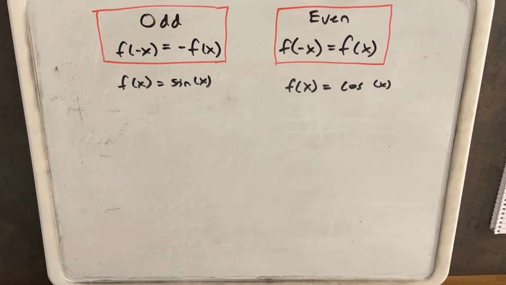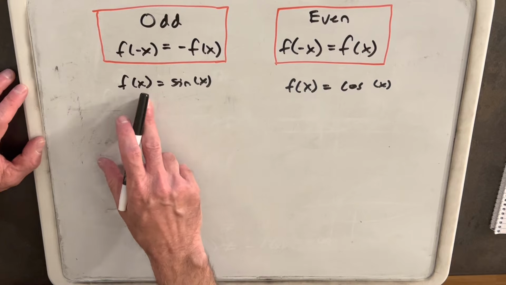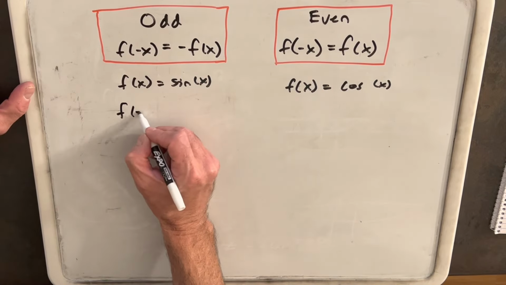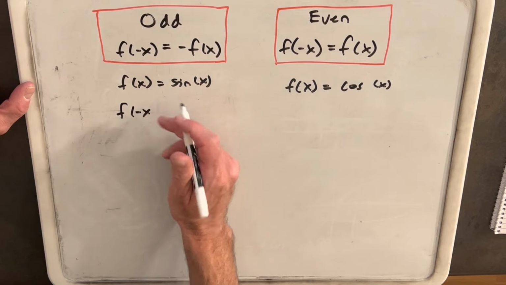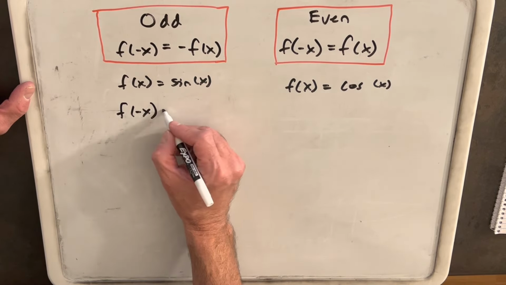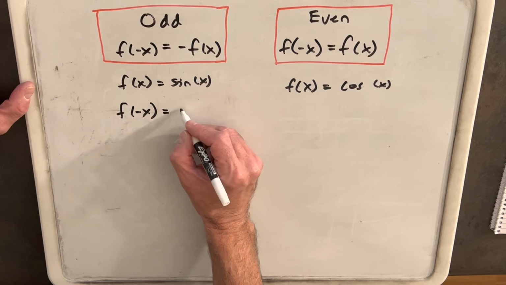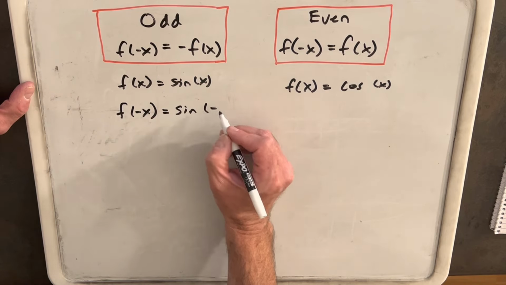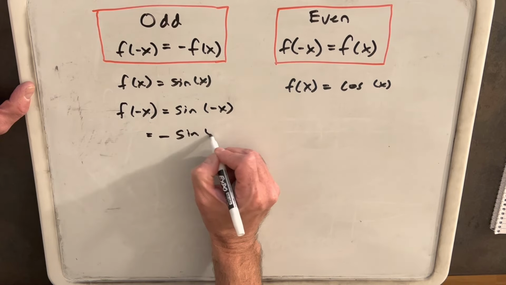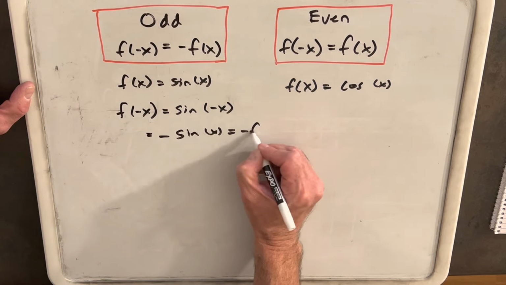Let's look real quick at a couple of trig functions. So f of x equals sine of x is odd. And you may know, this is kind of circular because I think the way we define this property is by saying it's odd. But if you have f of minus x, then if we have sine of minus x, this is the same thing as minus sine of x, which is going to be minus f of x.